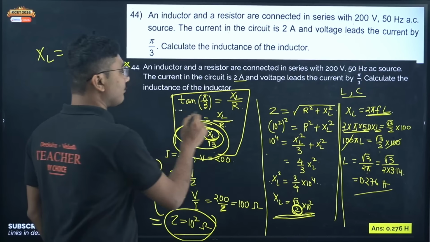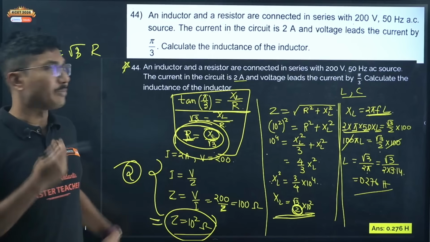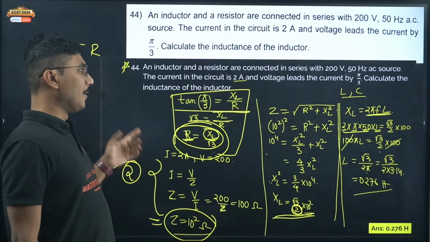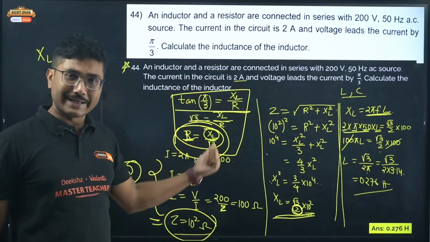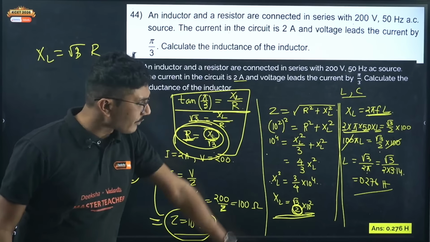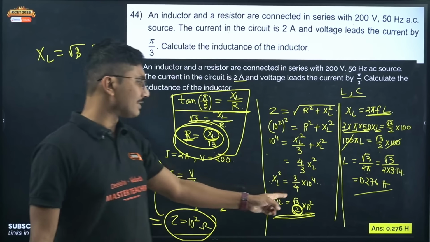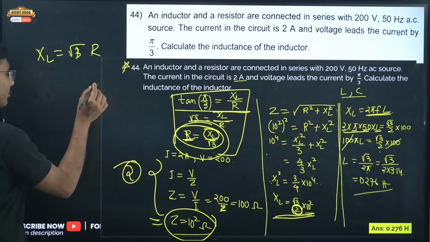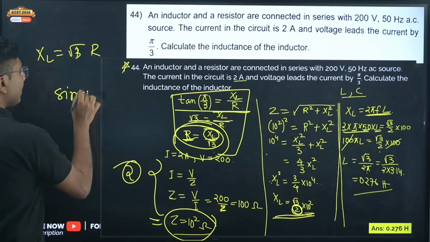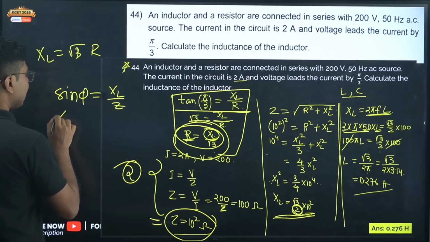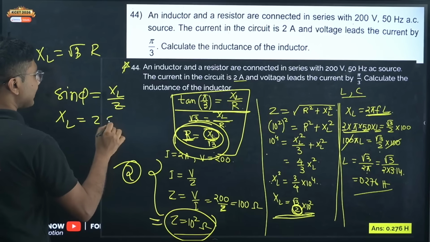This is the phase difference formula I teach to my students, but yes, you can use that formula also. Cos phi equals XL by Z, from there you have the Z value directly, that is also fine. You can calculate that way also, no issues, but you will get this root 3 by 2 in 10 square. If you are using that also, very good. Sine phi equals XL by Z. Z value is known, so XL will be equal to Z sine phi.